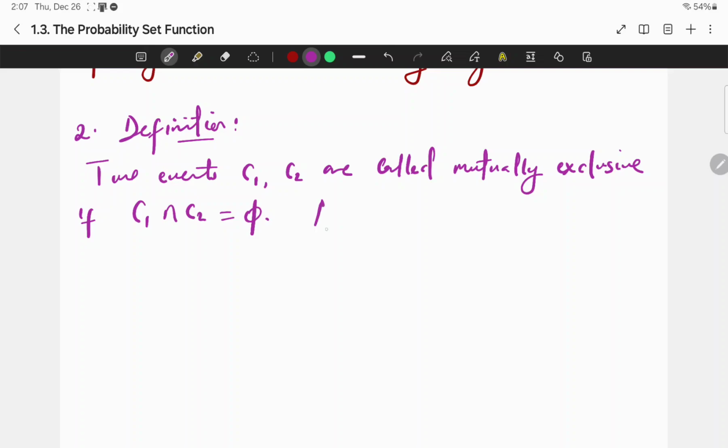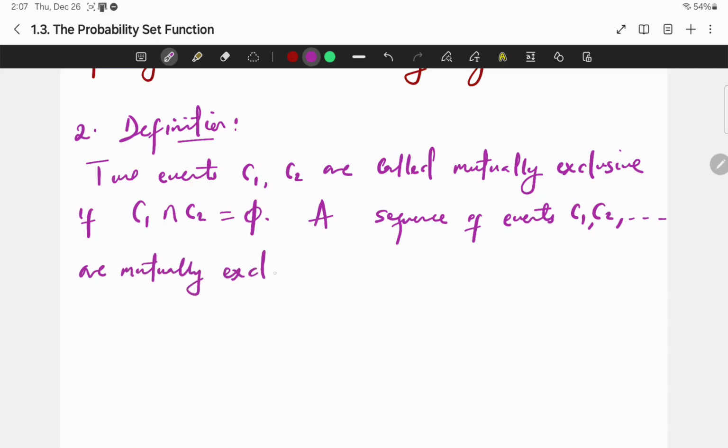A sequence of events C1, C2, and so on are mutually exclusive if any two events are mutually exclusive.